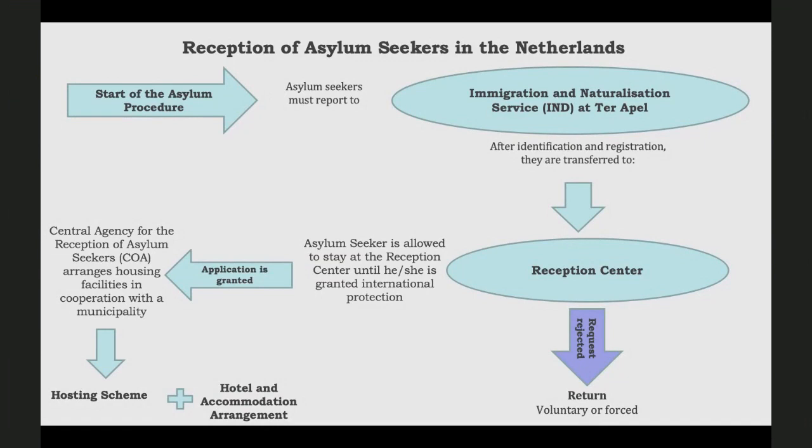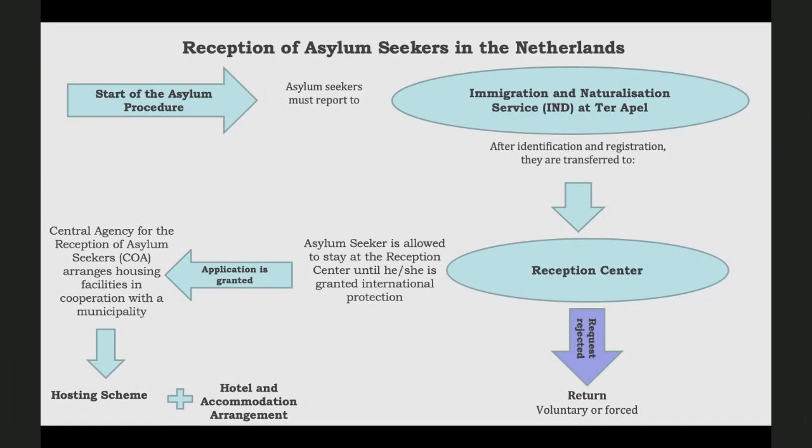Well, in theory, because in practice, due to the housing crisis brewing in the Netherlands, recognized refugees live in reception centers for longer than what they should. In fact, on January 1st of 2022, there were about 12,000 recognized refugees residing in COA reception centers. To this end, the Dutch authorities have introduced two additional schemes, the hosting scheme and the hotel and accommodation arrangement.